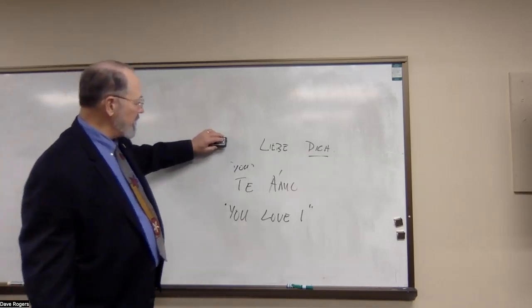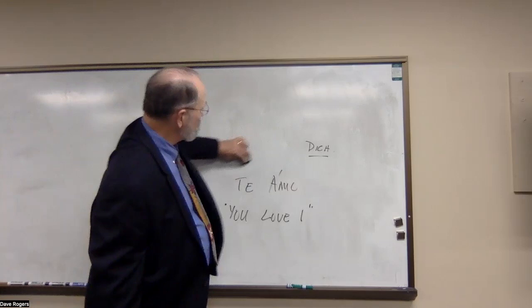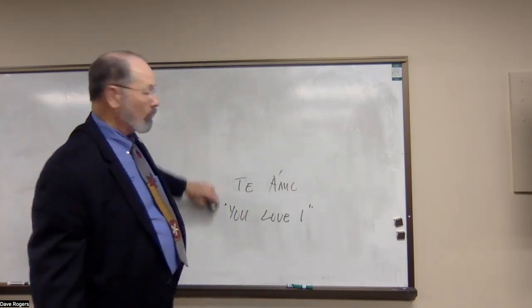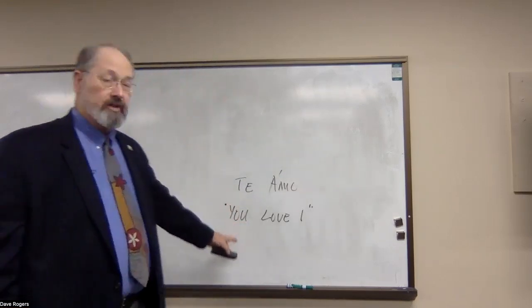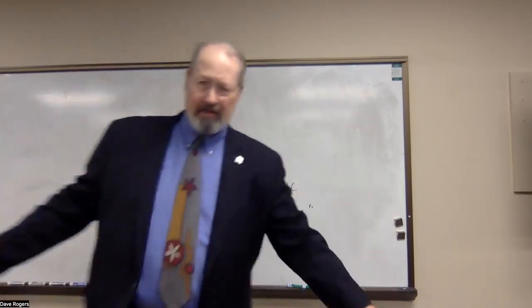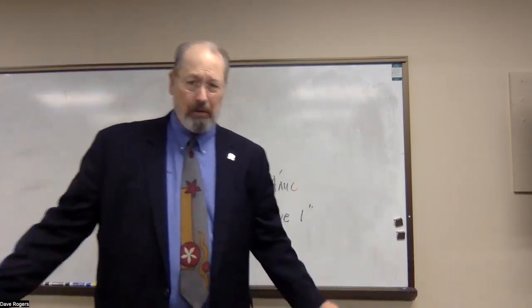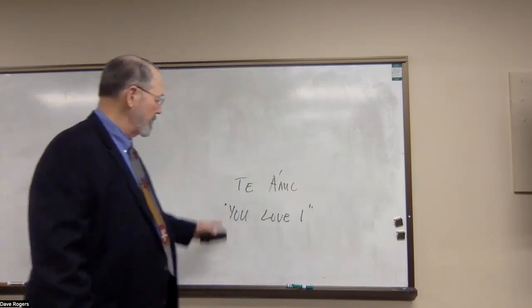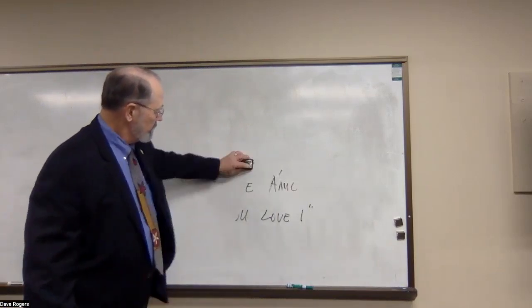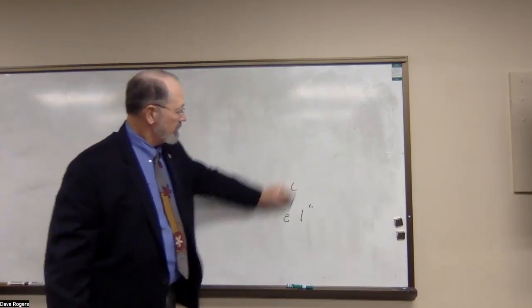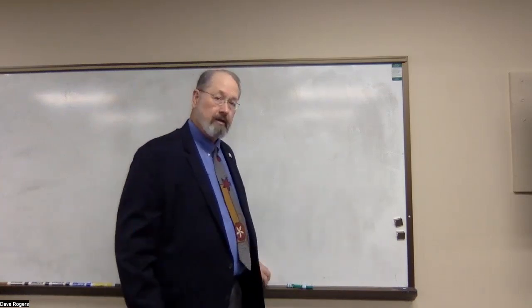Because if you try to produce a word for word translation, you wind up with a sentence that says, you love I, not I love you. Because the word order is different. The sentence pattern of structure is different from one language to the next to the next.